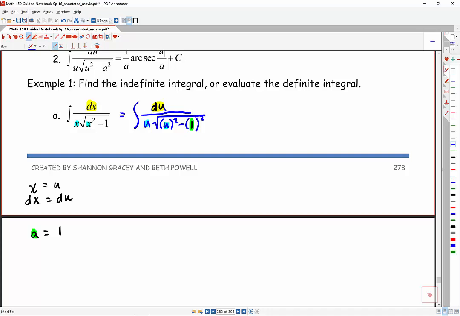That would be equal to, let me box that off, 1 over a, so 1 over 1, arc secant of absolute value of u over a, which was 1, plus c.